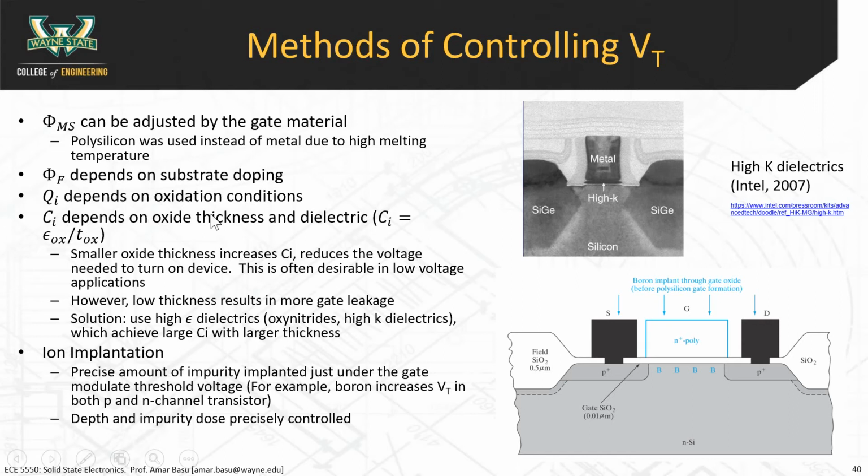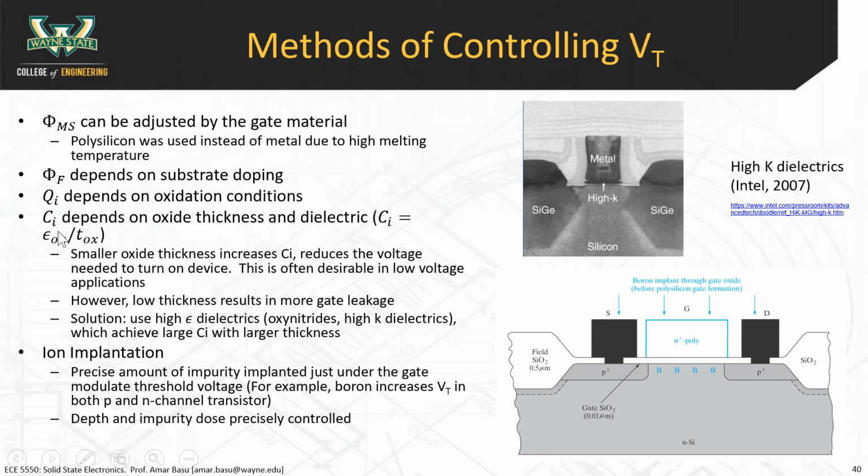Qi depends on the oxidation conditions. I mentioned to you the Qi are those trapped charges, the charges trapped in the oxide. So if you had unclean processes, that could inadvertently put Qi into the oxide, and that would change your threshold voltages. On the other hand, sometimes if you intentionally would like to introduce charges into there, that can also be done in a way that the Qi is controlled to some extent, and that can change your threshold voltages.